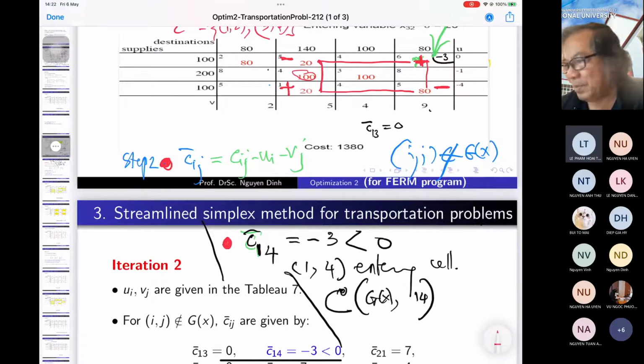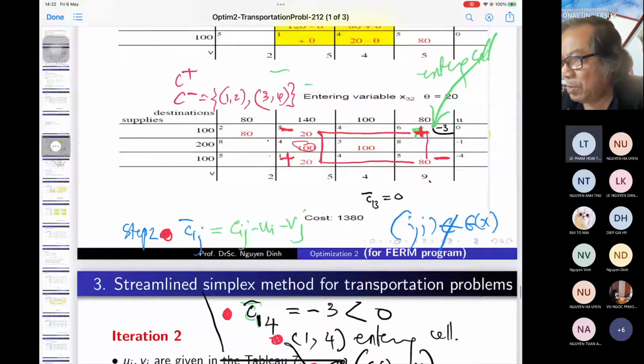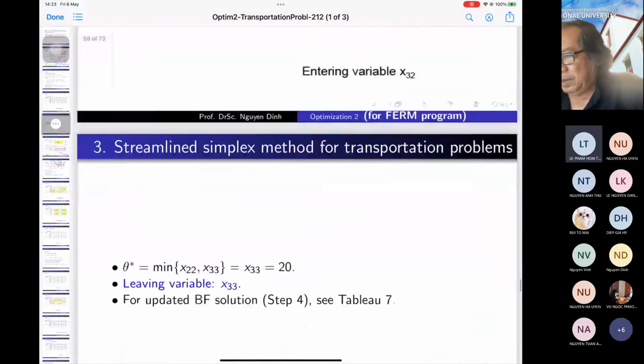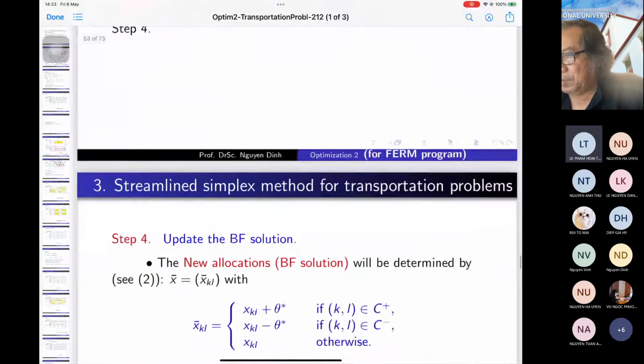If there is some negative, choose negative, and then you conclude that this cell is the entering cell. Then you establish the cycle, and then you determine C plus and C minus. And then what do you do next? I'll come back to step 2.